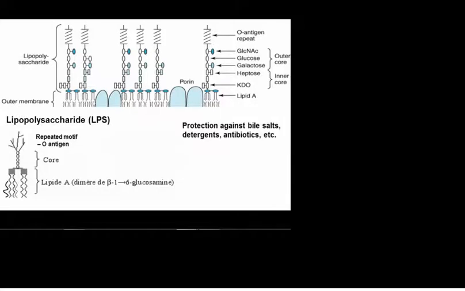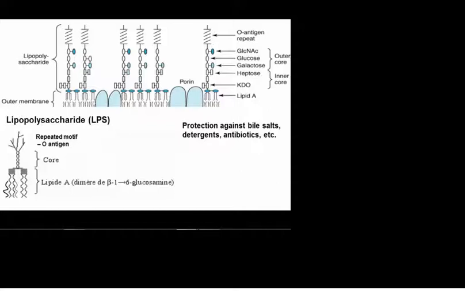What is its function? Well, generally, it's to protect gram-negative bacteria from chemical environmental insults. Generally speaking, the outer membrane is going to be sensitive to detergents and solvents. And the hydrophilic layer that is formed by all of this polysaccharide here will prevent detergents and solvents from getting to the membrane and disrupting it.